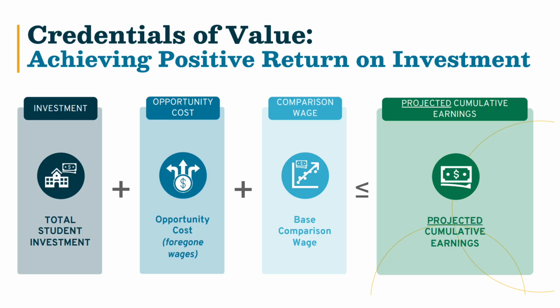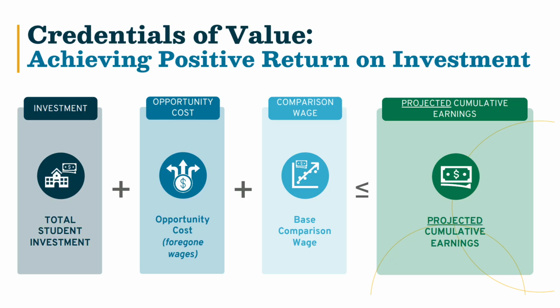Okay, for a credential of value to count, it means that the total amount that the student invests, so what they pay us to take these classes to get that credential, plus the opportunity cost. Okay, so if they would have gone straight into the workforce right after high school and been working for 2 years, what would they have made, right? Plus a base comparison wage.